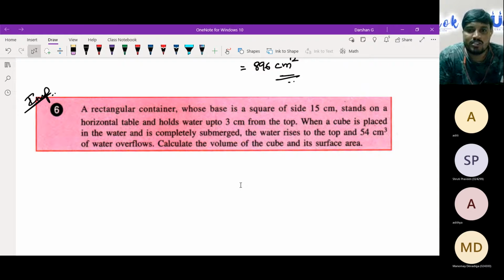When a cube is placed in the water and is completely submerged, the water rises to the top and 54 centimeter cube of the water overflows. Calculate the volume of the cube and its surface area. Try and find this quickly.